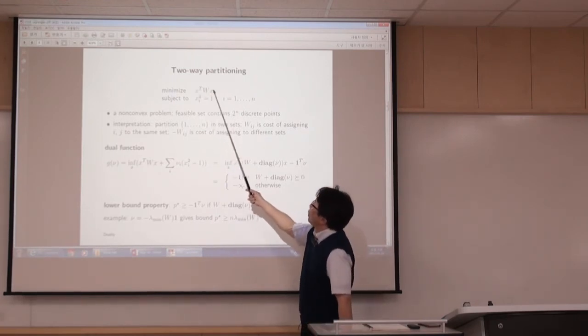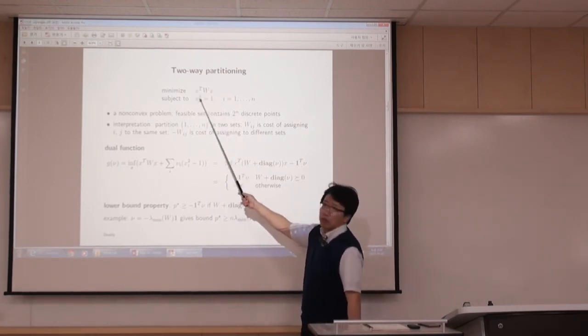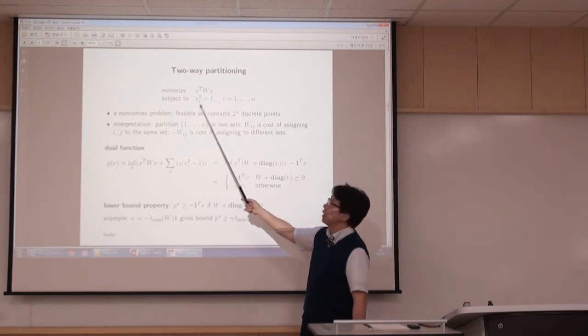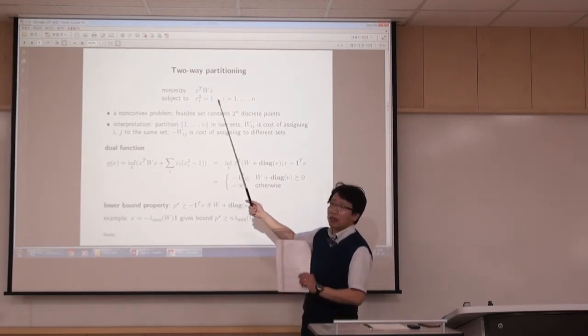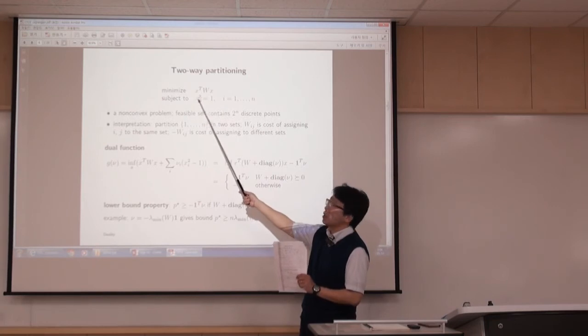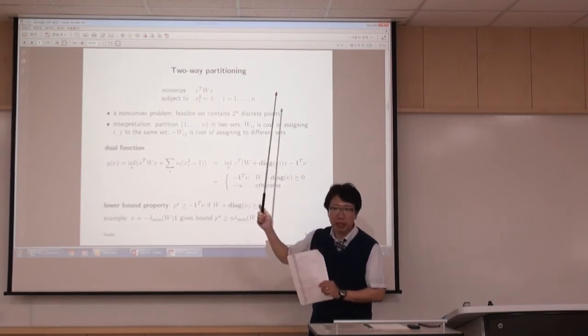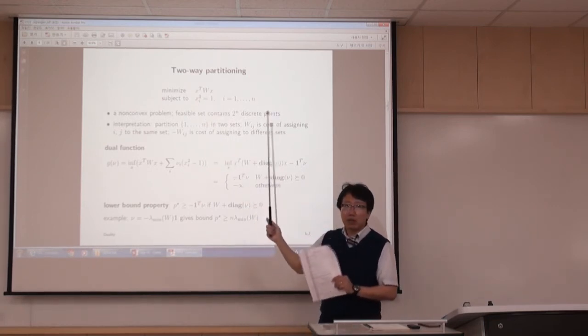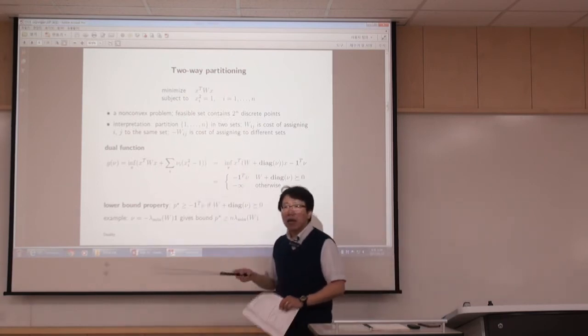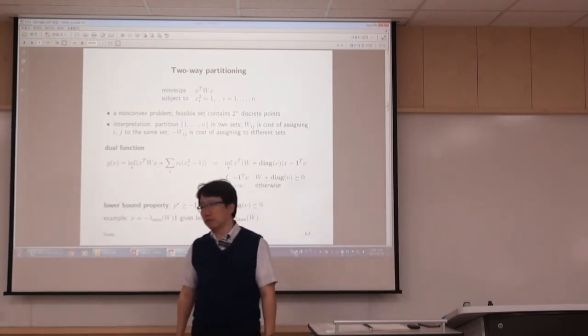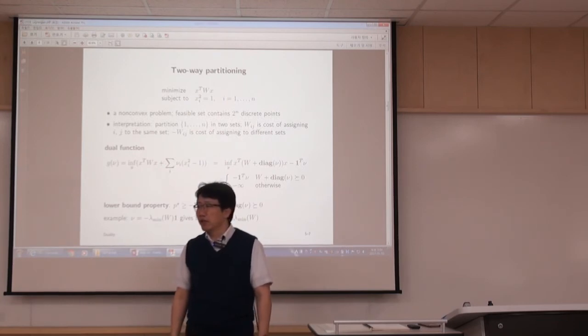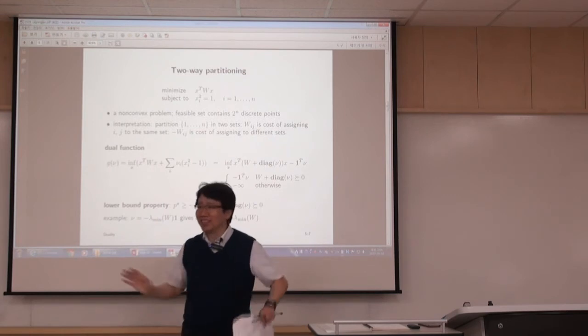Anyway, here x_i can be 1 or minus 1. Even though this looks strange, it says that x_i is 1 or minus 1 because x_i is real. So actually, this problem is not a continuous optimization problem, but a discrete optimization problem that in the beginning we decided not to handle at all.